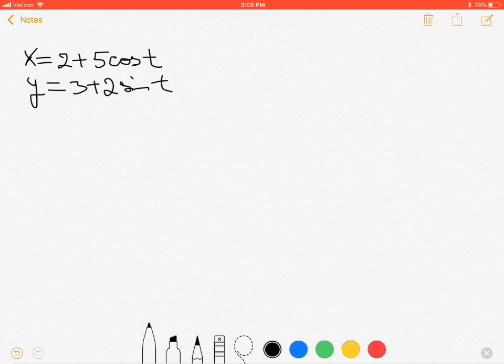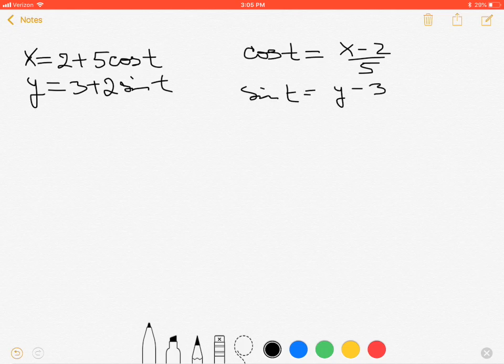Okay, first we solve each of these equations, and cosine t will be x minus 2 over 5, and sine t will be y minus 3 over 2.